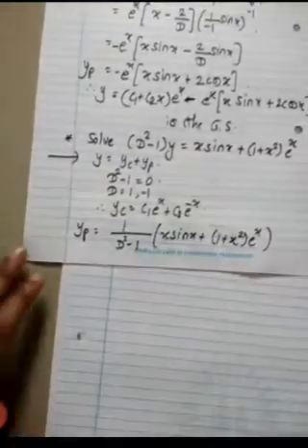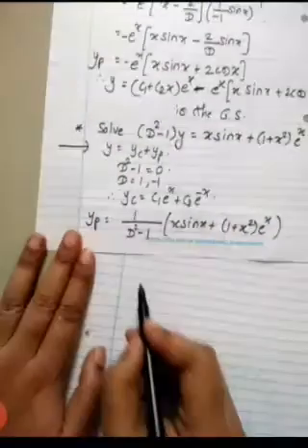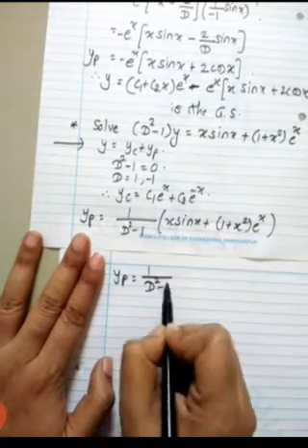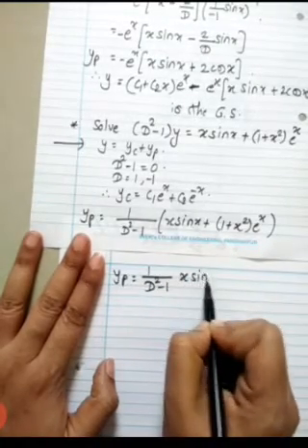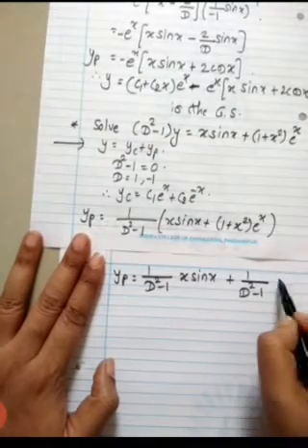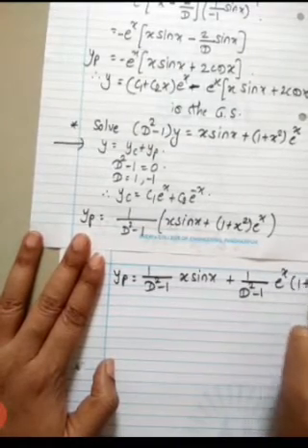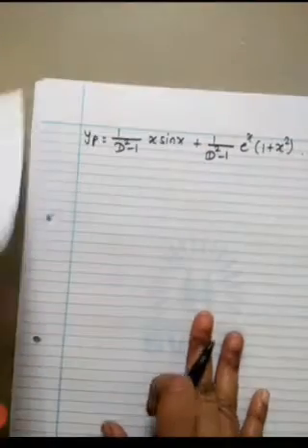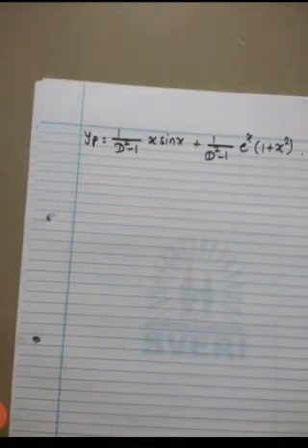Next step, we can separate as there is addition in between. So yp is 1 upon D squared minus 1 of x sin x, plus 1 upon D squared minus 1 of e raised to x into (1 plus x squared). Okay, there are two different cases. Which are these cases? Can you tell me the cases?